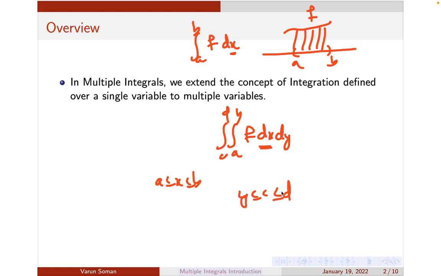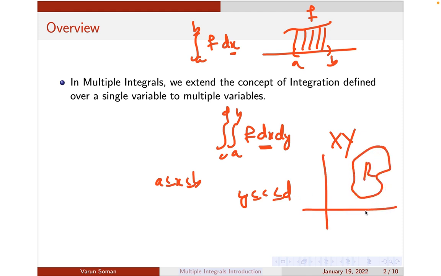So you can see that this will define a region R in the xy plane, where there is some variation of x and some variation of y. In the case of a definite integral of one variable, you had an interval. In the case of double integrals, you will have a region in the xy plane.